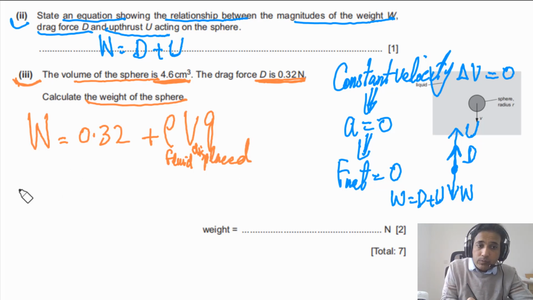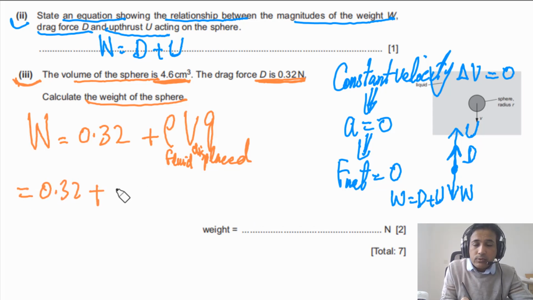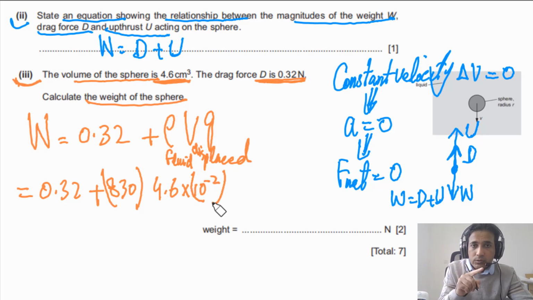Now we simply need to plug in values. Here we have 0.32 plus the density of the fluid, which is given in part A. That was 830 kg per cubic meter. And the volume is given to us as 4.6 centimeter cube, so we need to convert it. 1 centimeter is equal to 10 to the minus 2 meters.